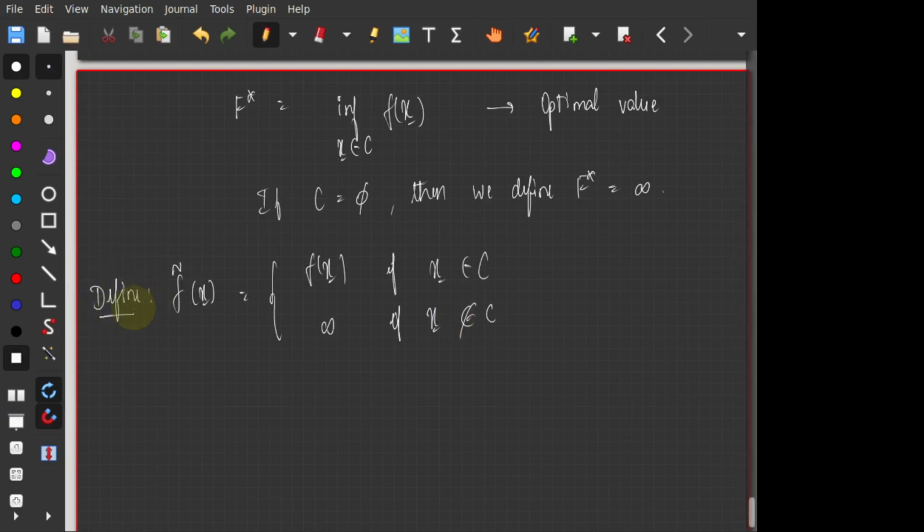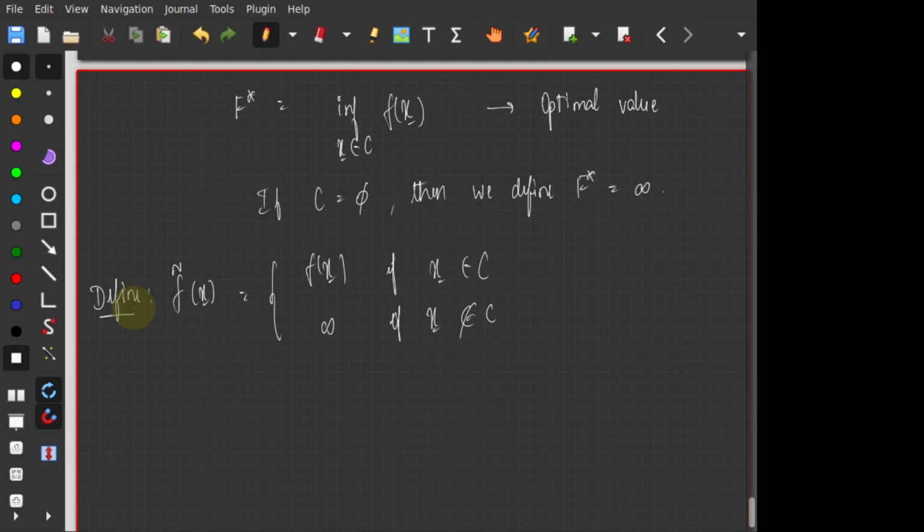This is sometimes called an extension of f. So now f tilde is defined over all of Rn. It may not be continuous and it may not be differentiable throughout. That's okay.